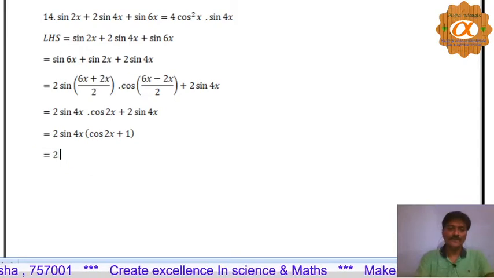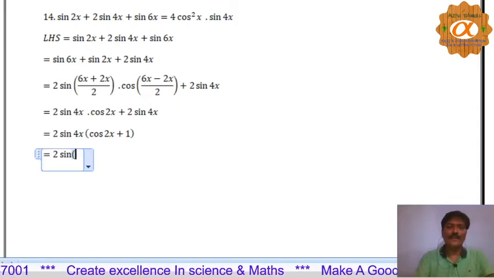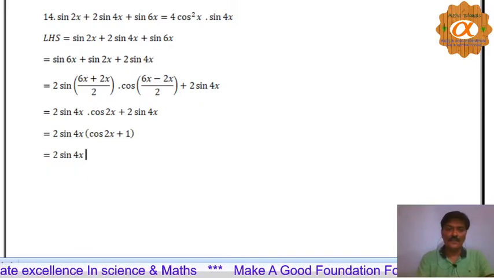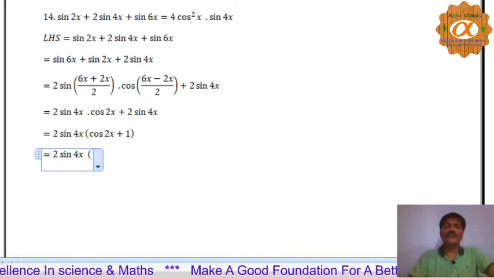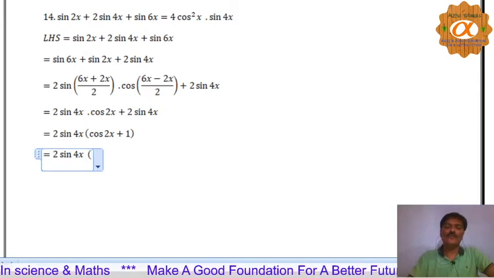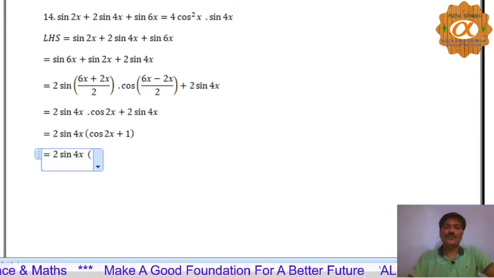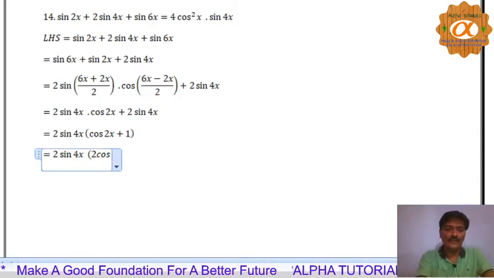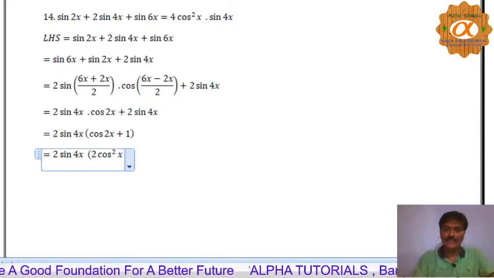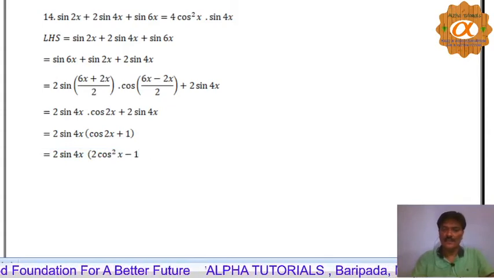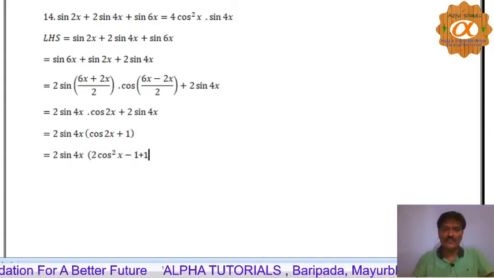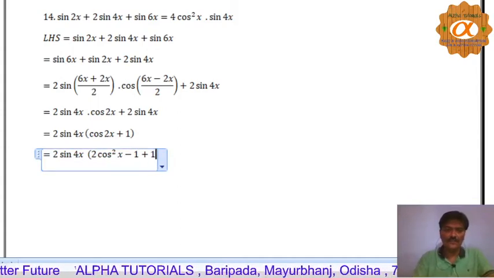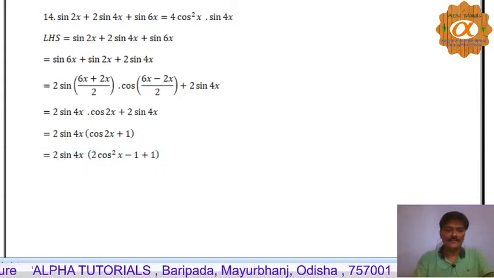Now I will apply a formula of cos 2x in which there must be cos square x. Cos 2x is equal to 2 cos square x minus 1. So I am putting that formula, 2 cos square x minus 1, and the plus 1 that is there in the expression, and I am closing the bracket.